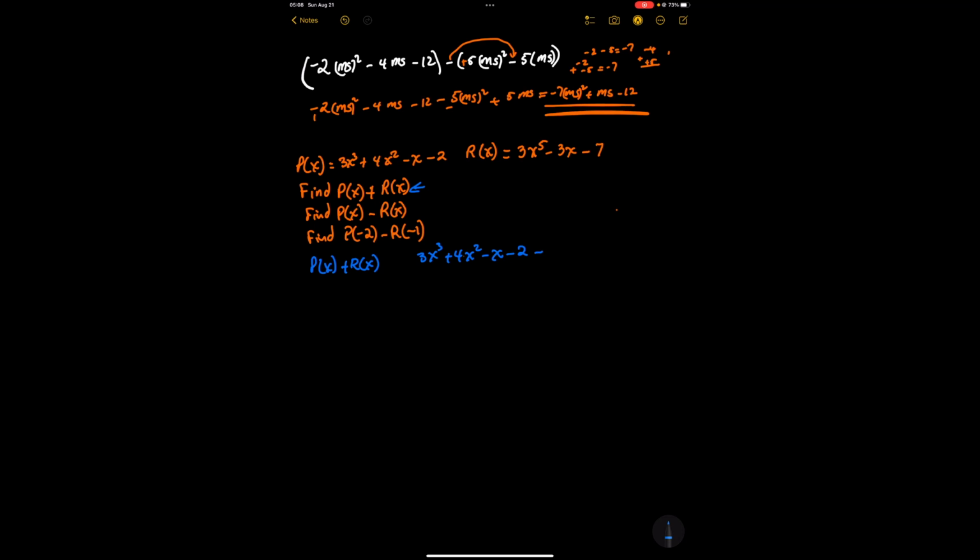I'm going to add 3x to the 5th minus 3x minus 7. So that would be 3x cubed plus 4x squared minus x minus 2 plus 3x to the 5th minus 3x minus 7.